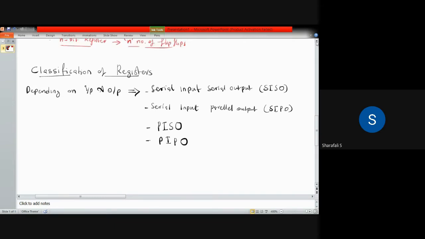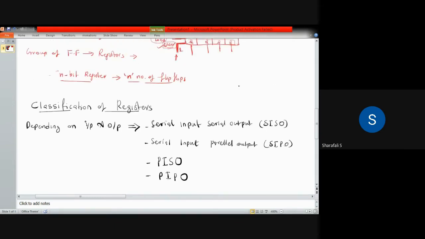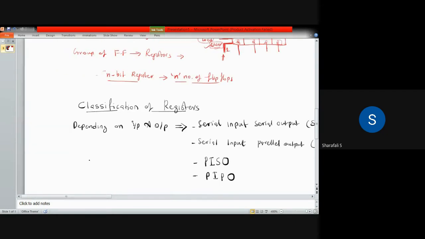What I mean is, suppose your register is like this. I will draw it like this; assume it as registers. Suppose you are providing some data inside, for example 1011. So your D is here, and you provide this data like this.